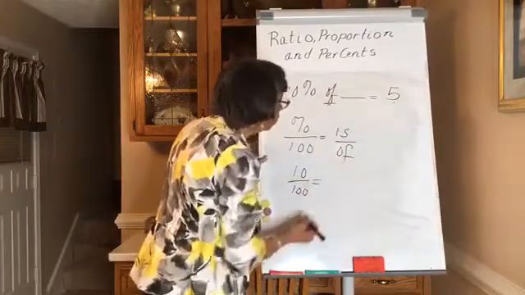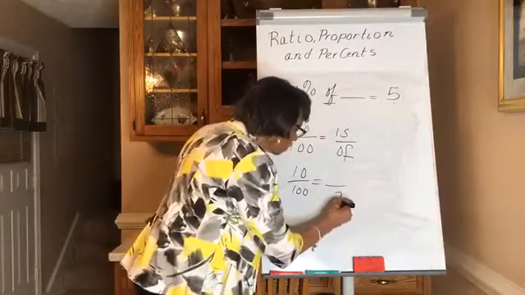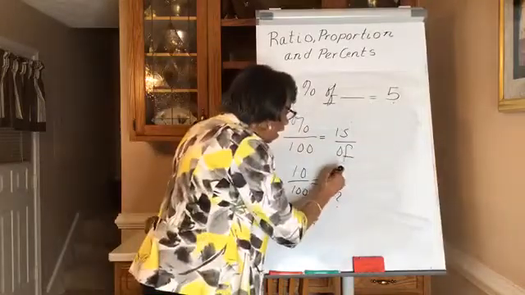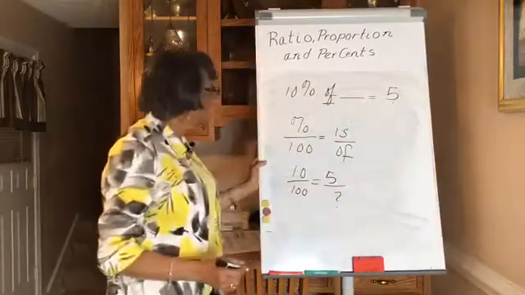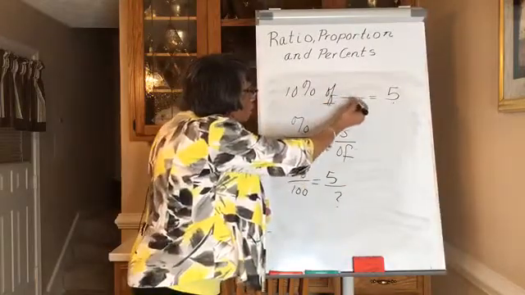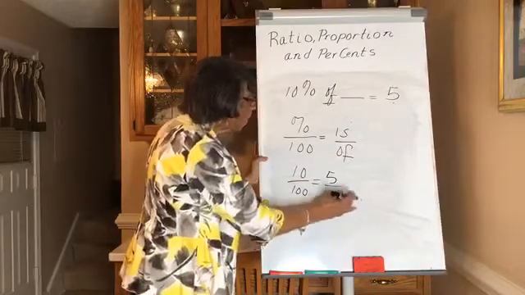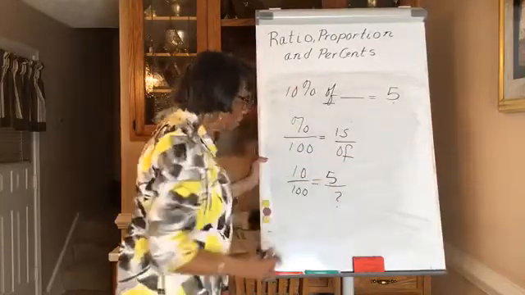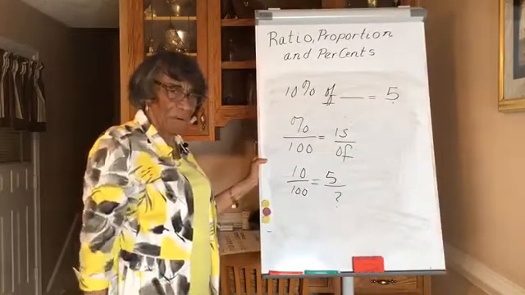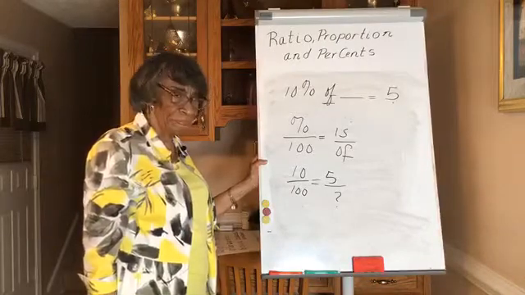That's the one we don't know. So that's the question mark. The other number is 5. Let's go over that again. The of means it's the number that follows the word of, and that tells us where that goes. It always goes at the bottom. And the other number then would go at the top. Look at that a moment and see what you come up with without my saying anything else.